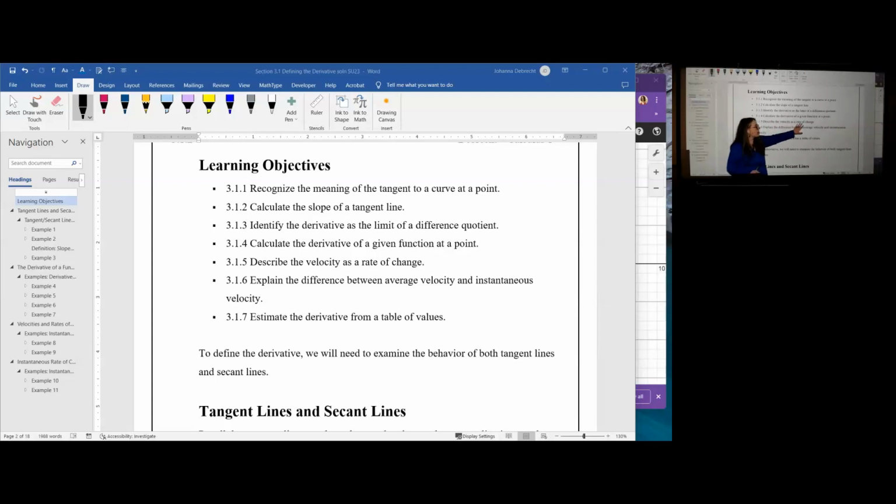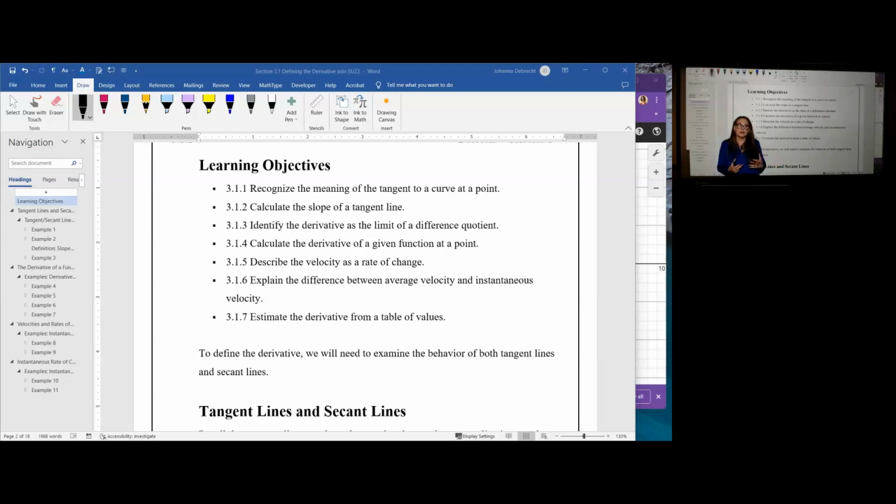We'll describe velocity as a rate of change, and we'll again talk about the difference between average velocity and instantaneous velocity. We'll also estimate the value of the derivative from a table of values. Now, in order to find the derivative, we will eventually come up with derivative rules or derivative laws, much like we did limit laws.